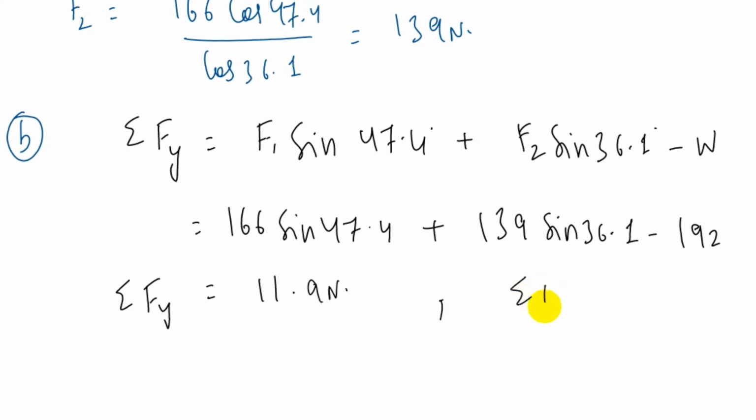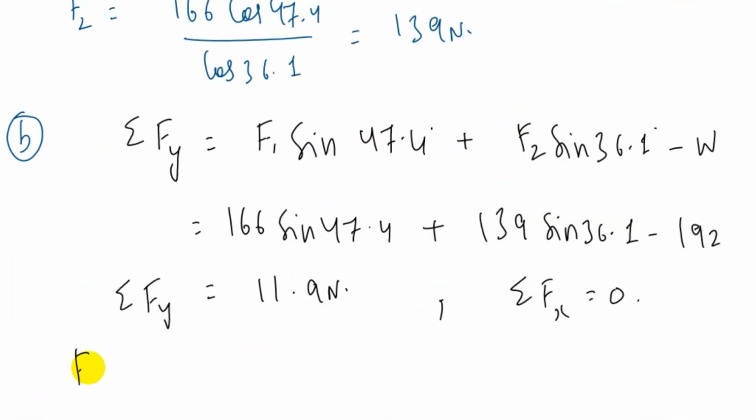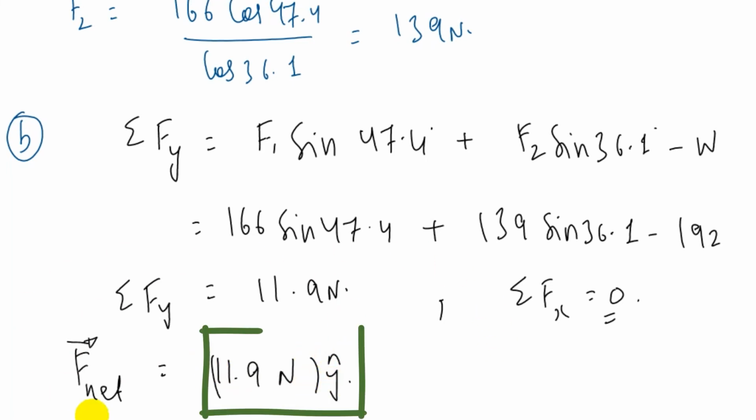Now the net force along the x direction, we know it is equal to 0, that we saw in the A part. So the net force on the object is its y component plus the x component. The x component we have 0, so the y component we have 11.9 Newton, and in vector form we can write this as 11.9 Newton y cap. This is in the vector form. So this would be the answer for the B part.